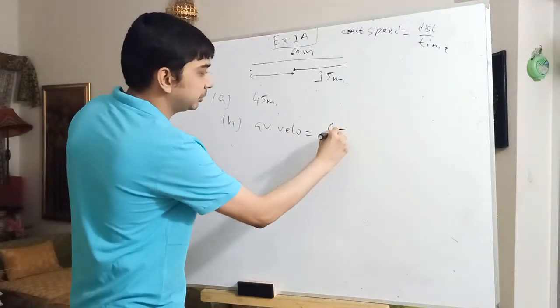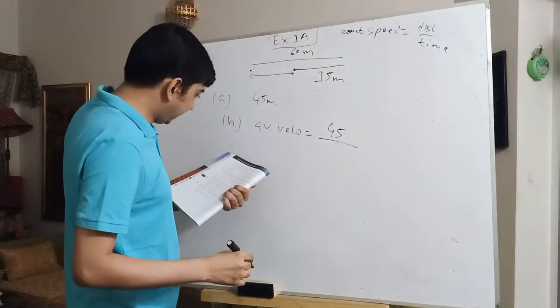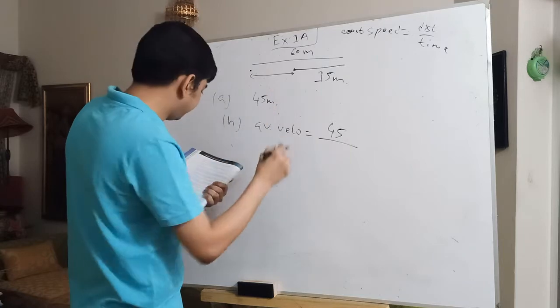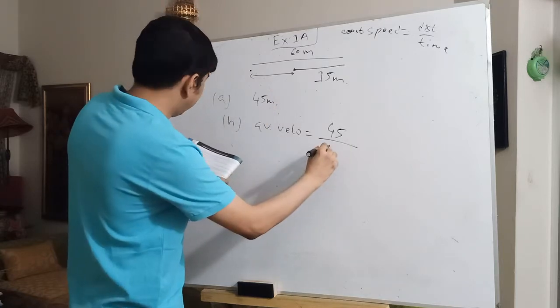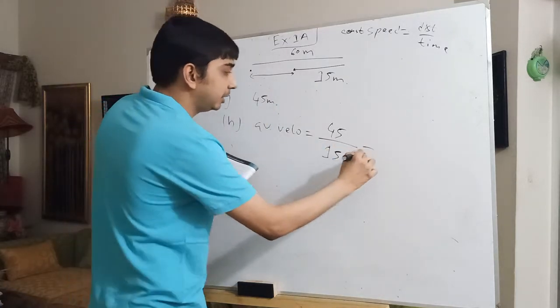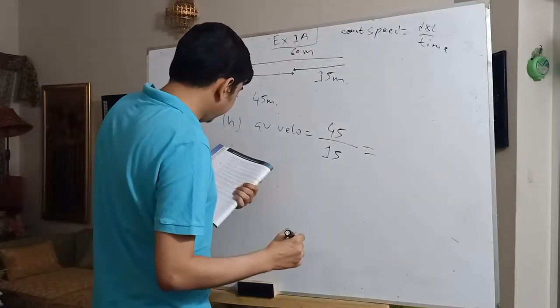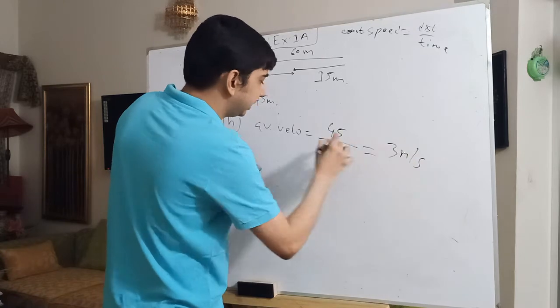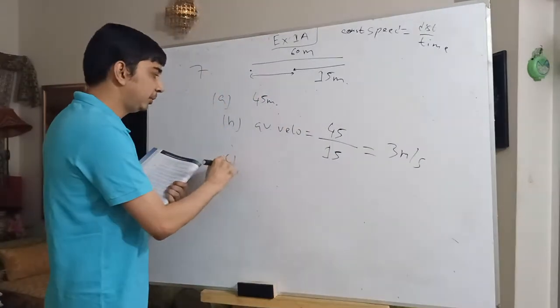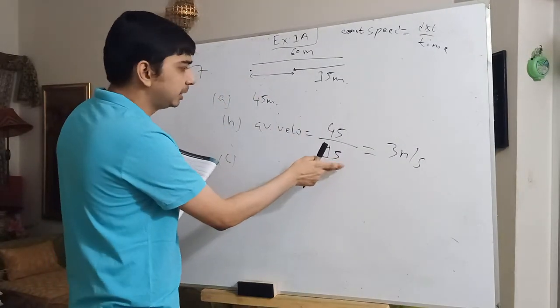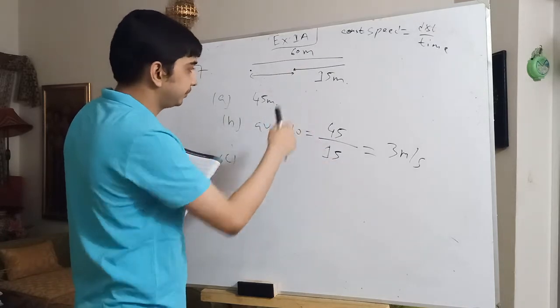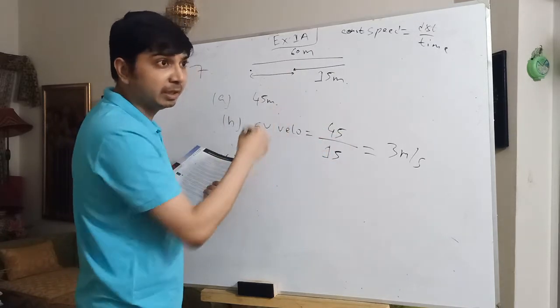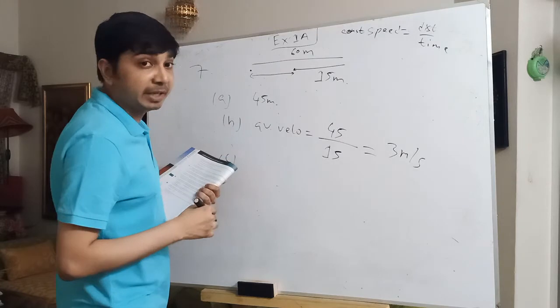So 45 meters divided by time. What is the total time? 10 plus 5, 15 seconds. So the average velocity is going to be 3 meters per second in the forward direction. Basically change in displacement by total time, and change in displacement is given by your answer to part A.